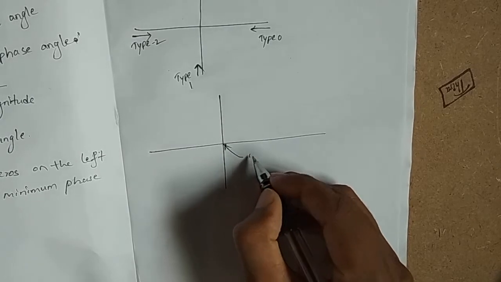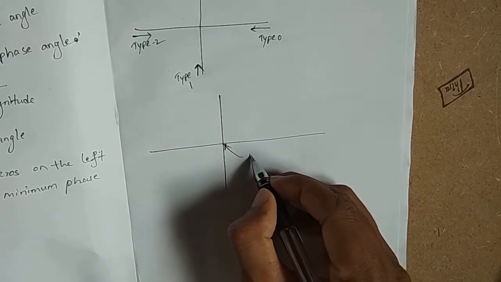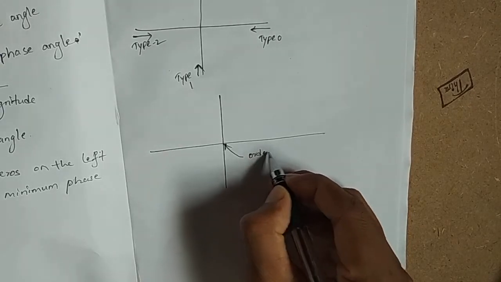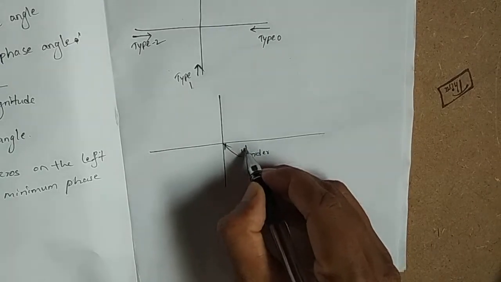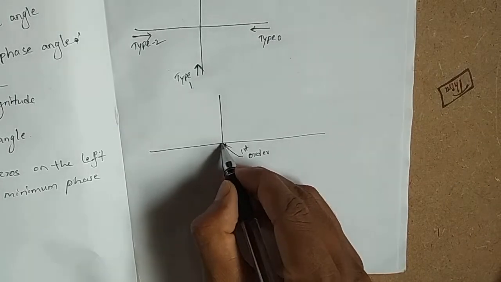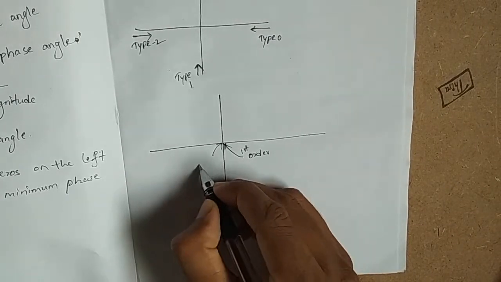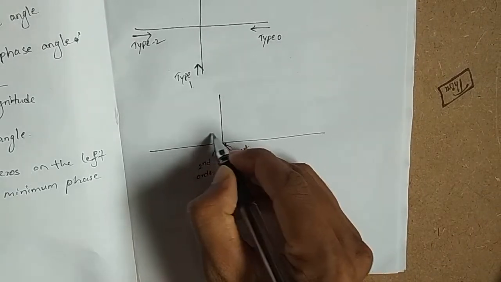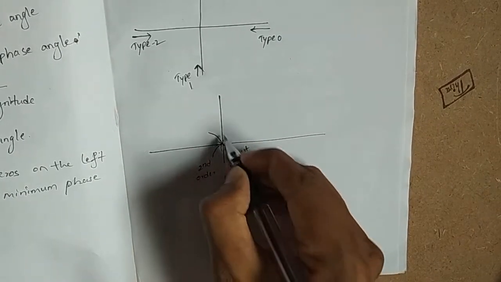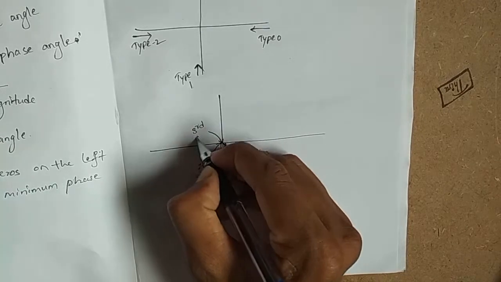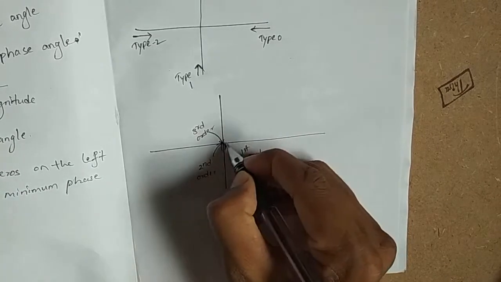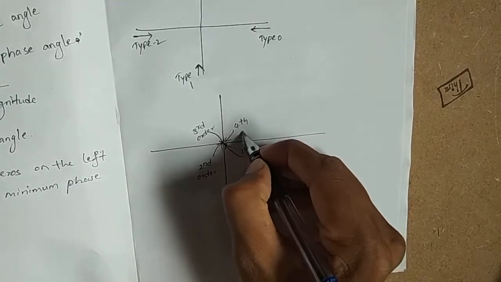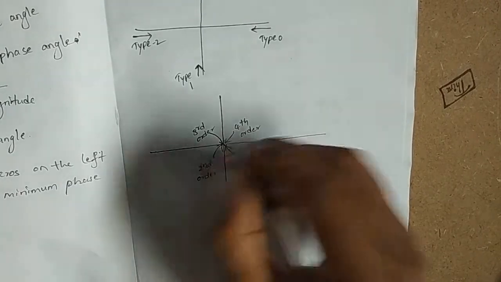This is the end point of the polar plot for a first order system. For second order, for third order, for fourth order, and it repeats continuously.